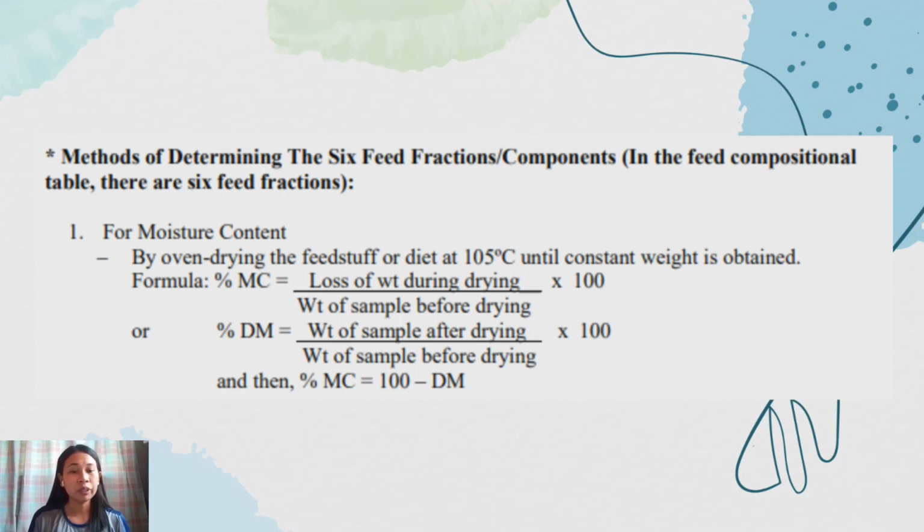For its formula, to get the percentage of MC, the loss of weight during drying over the weight of sample before drying times 100, or for the percentage of DM, the weight of sample after drying over the weight of sample before drying times 100, and then the percentage of MC equals 100 minus DM.